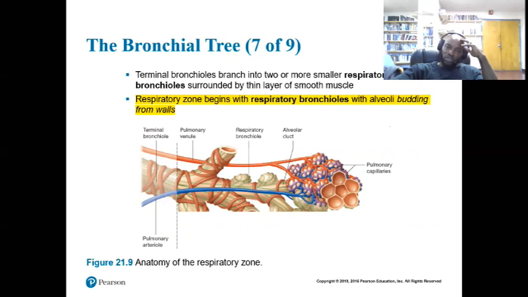The terminal bronchioles branch into smaller respiratory bronchioles. See these little structures? It's a terminal bronchiole, then you have this sort of tree that looks like grapes with eggs on it. Respiratory bronchioles begin your respiratory zone, and on the ends of those you have the alveoli here.